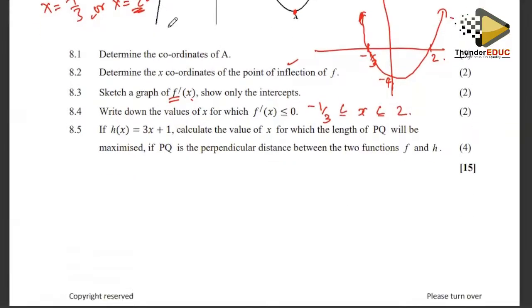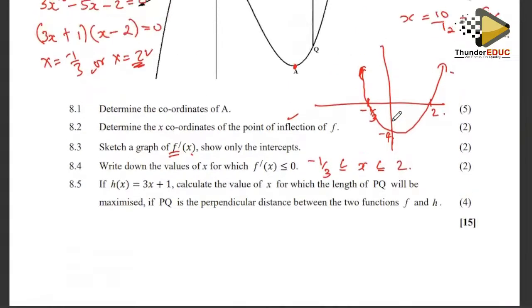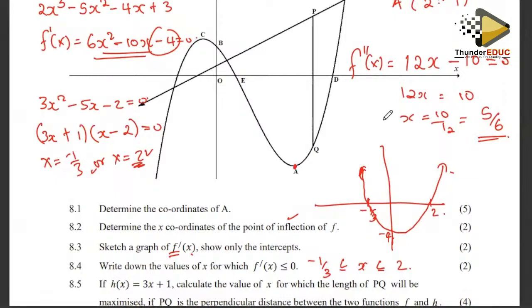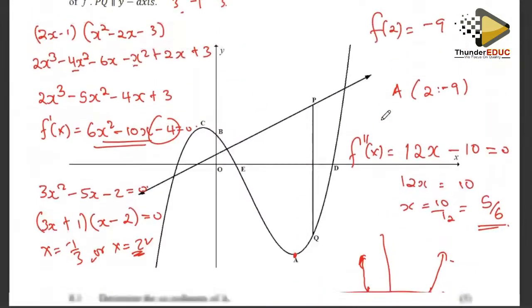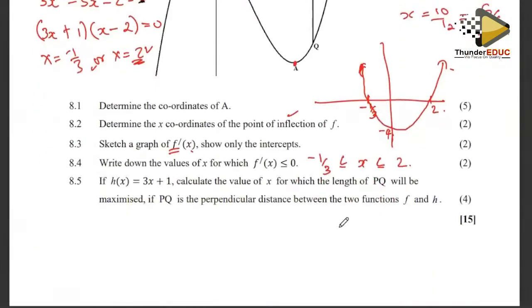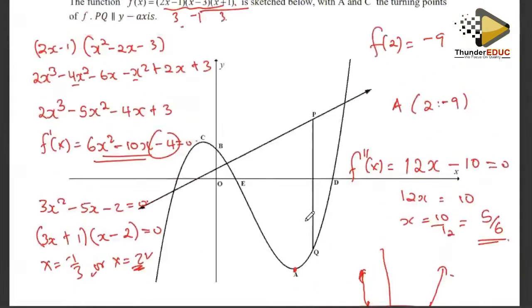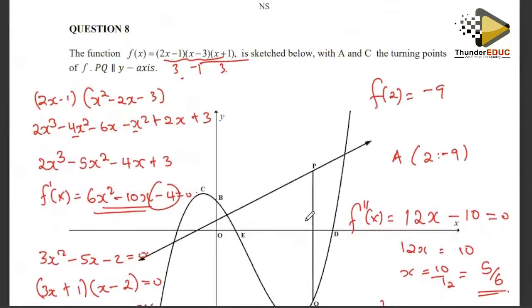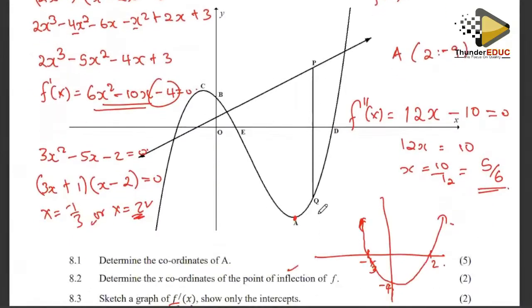Then if h of x is 3x plus 1, calculate the value of x for which the length PQ will be maximized, if PQ is the perpendicular distance between the two functions. Oh, so this line is called h.